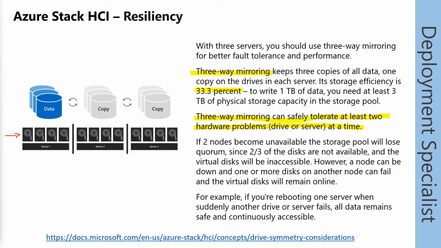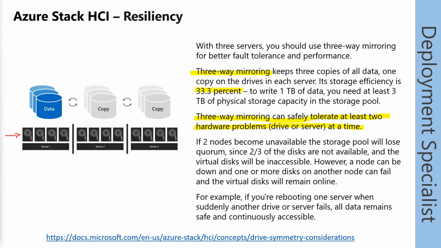This is built dynamically. To keep the pool online, we need the majority of the disk drives. This means 50% plus 1 additional vote, and this vote is provided by the pool owner. This is 1 server in the cluster, and this server is held dynamically. And to ensure that we don't lose any data, it's important to not violate our redundancy configuration. This means in the 3-way copy, we cannot lose 1 drive in each server.